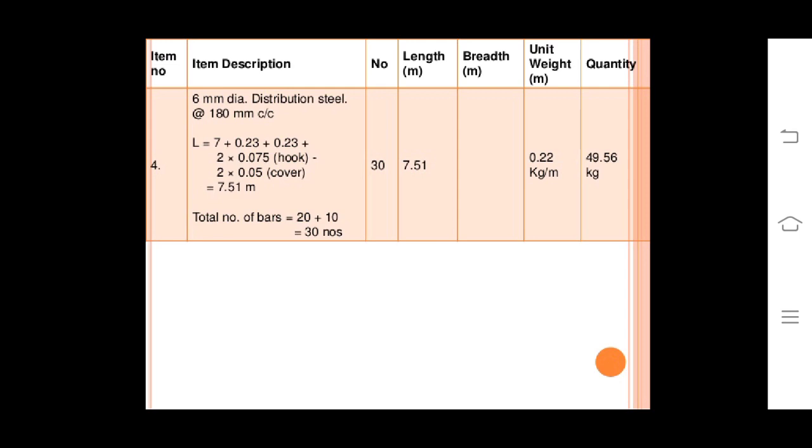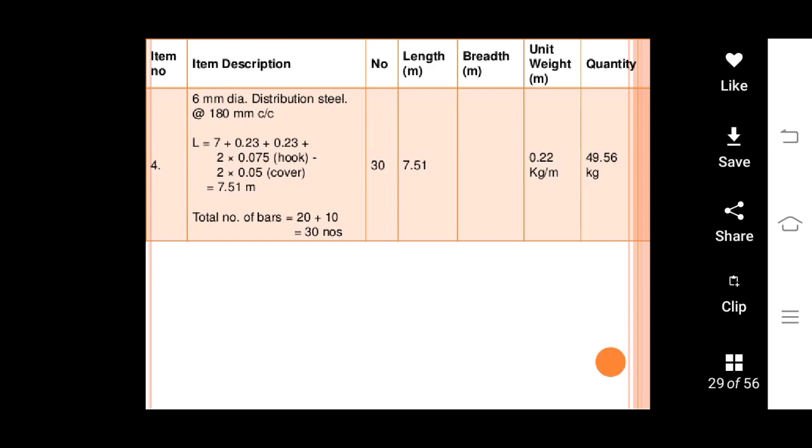Entering this data into bar bending schedule format, that is 6 diameter distribution steel at 180 center to center, where L is equal to 7 plus 0.23 plus 0.23 plus 2 times hook length minus 2 times cover, which will give the length of 7.51 meters.